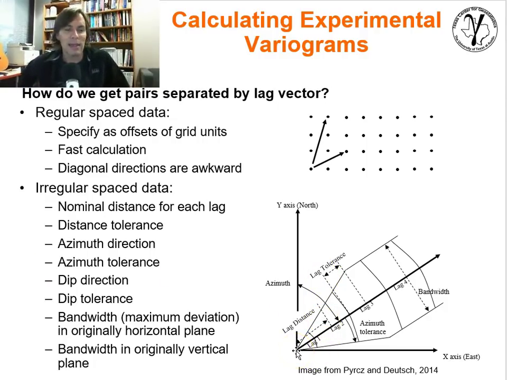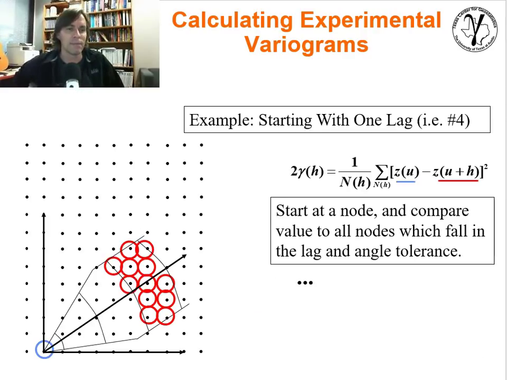So we take that template, we can position it in our data set and identify all possible pairs. Let's take the example of the fourth lag. The fourth lag is going to be this shape right here. That's the outline of it. We position it on a data value. Each one of these dots, just for illustration purposes, is a nice regularly spaced data set.